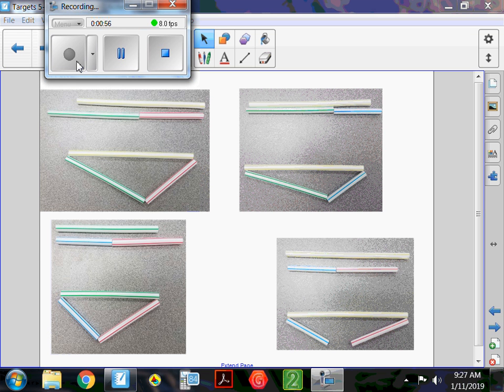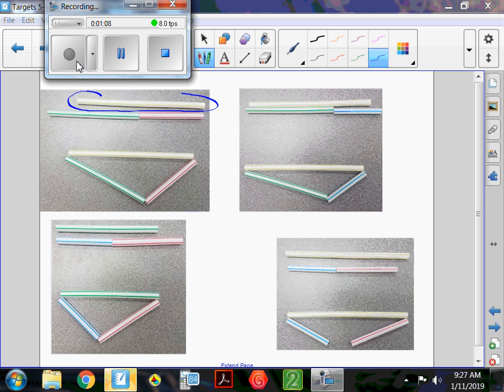So I'm going to point out a difference between why the one on the bottom right does not form a triangle and the other ones do. For the first 3 triangles, the longest side out of the 3 straws is on top. So the longest straw in the first picture is yellow, the longest straw in the second picture is yellow, the longest straw in the third picture is green.